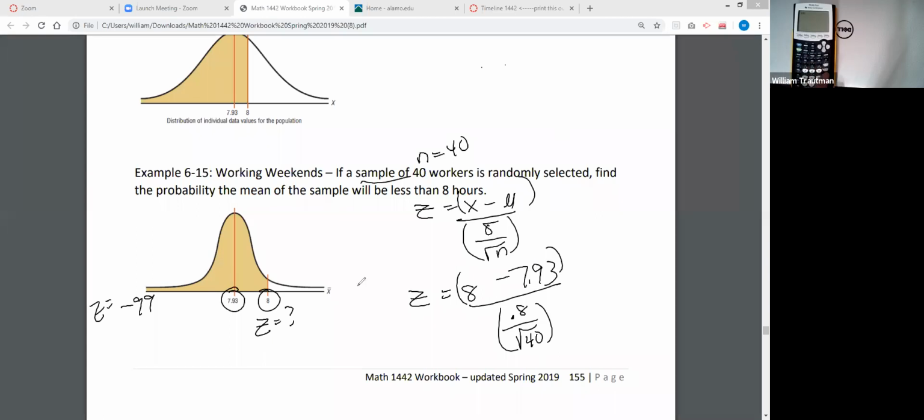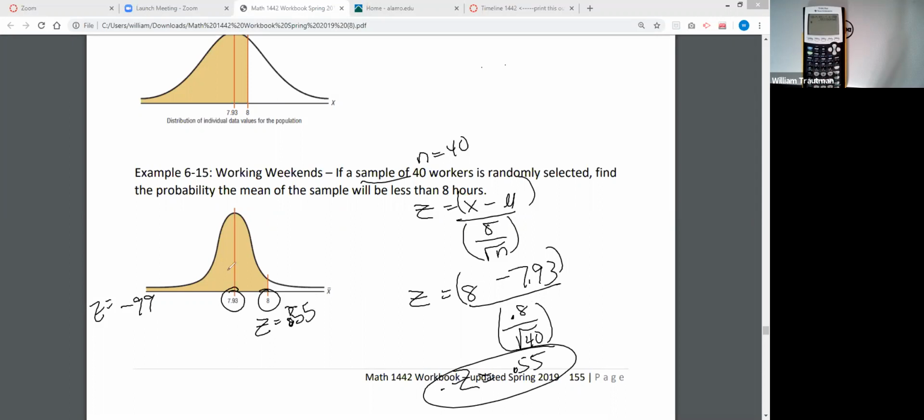So we put this into our calculator. Parentheses 8 minus 7.93, close parentheses, divided by parentheses 0.8 divided by the square root of 40. Arrow out of the square root and then close the parentheses, and I get a z value of 0.55. 2 decimal places for the z value. So there's my lower, there's my upper.